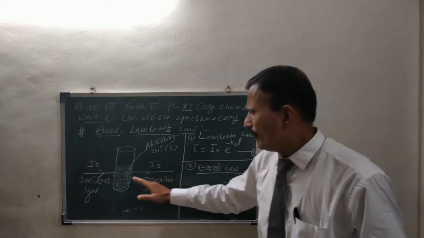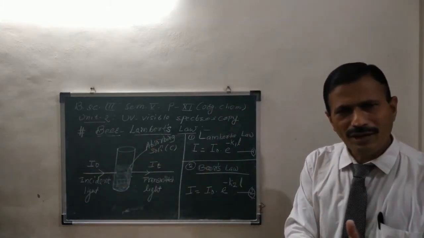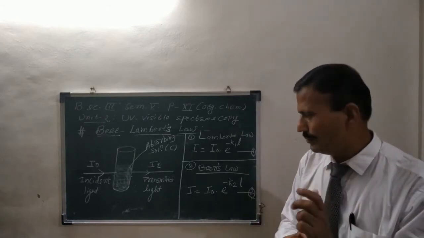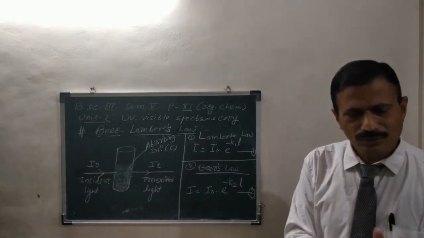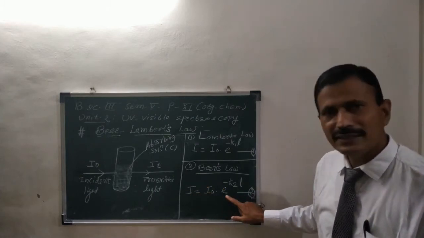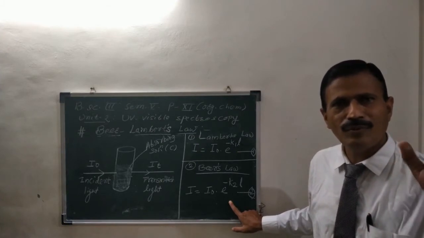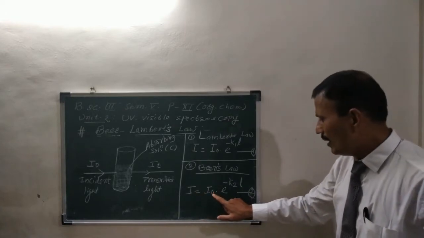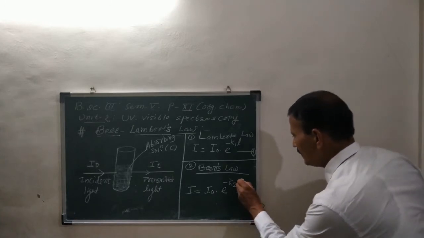Now the second law is Beer's law. This law talks about the concentration of the absorbing species. When a beam of monochromatic light is passed through an absorbing solution, its intensity decreases exponentially as the concentration of the absorbing medium goes on increasing, and it is written like this: I is equal to I0, decreasing exponentially with concentration.